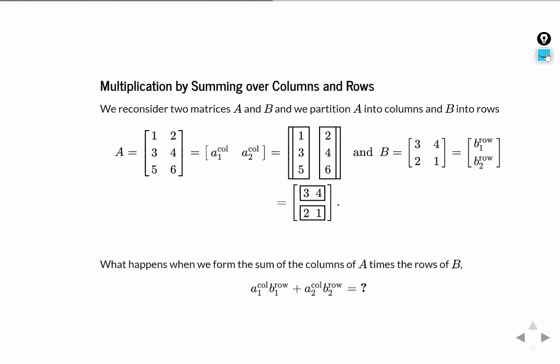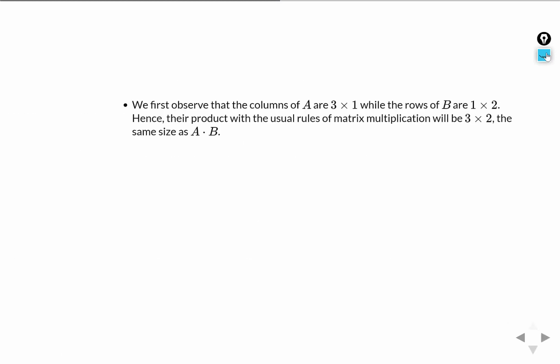The question is, what happens when we form the sum of the columns of A times the rows of B? First, we observe that columns of A are 3 by 1, while rows of B are 1 by 2.